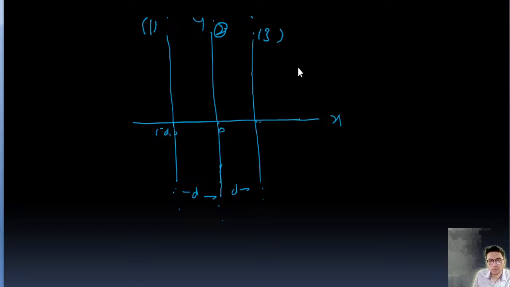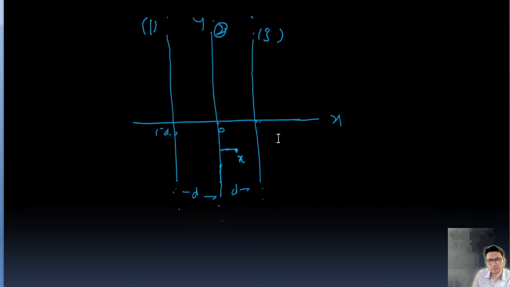Now suppose there is a point x, guys, where the magnetic field vanishes, meaning the total magnetic field because of these 3 wires is 0. This is at x distance from the second wire.